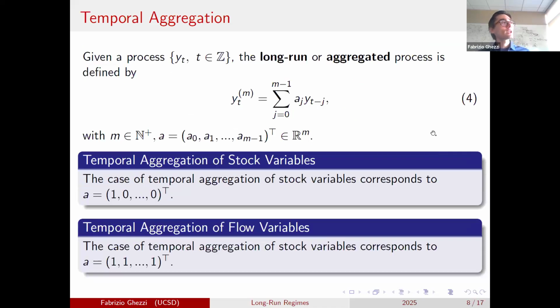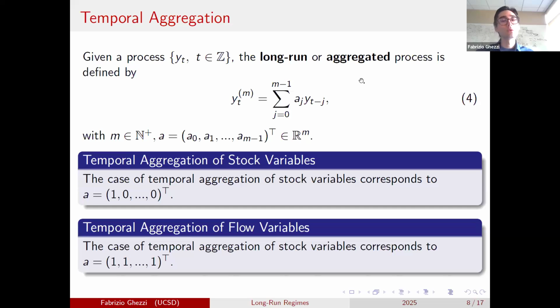Okay, and so as I said, I'm going to treat it as a problem of temporal aggregation, and to gain more generality, I'm not going to just focus on the long run process as I defined in the motivating example, as the simple sum, for example, of the returns over some m period. But I'm going to define it through a general filter that governs the temporal aggregation.